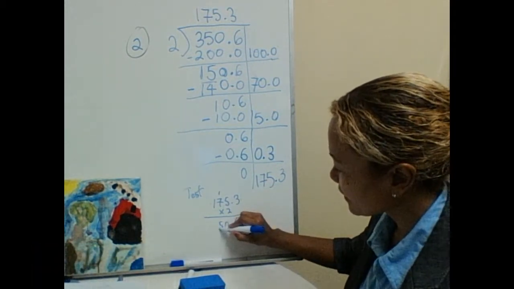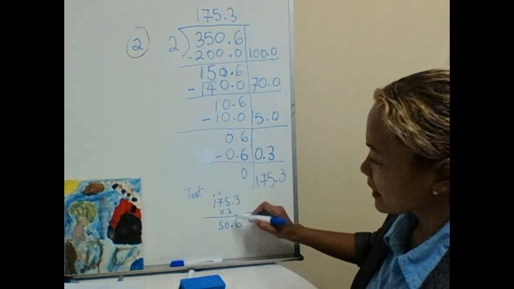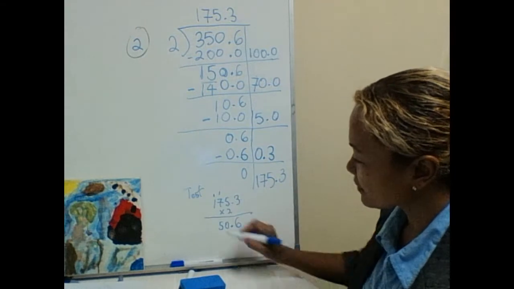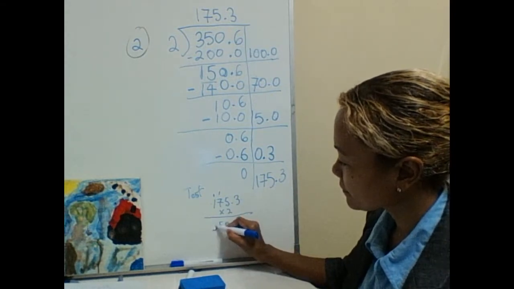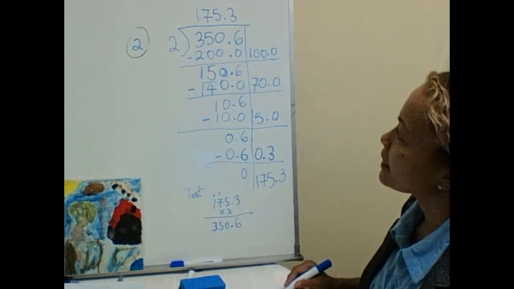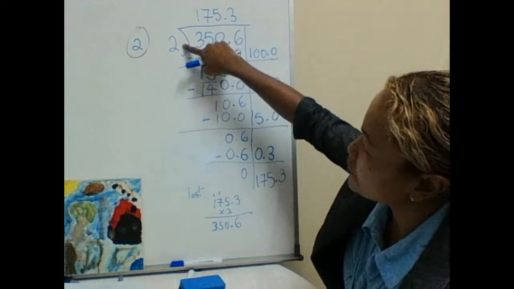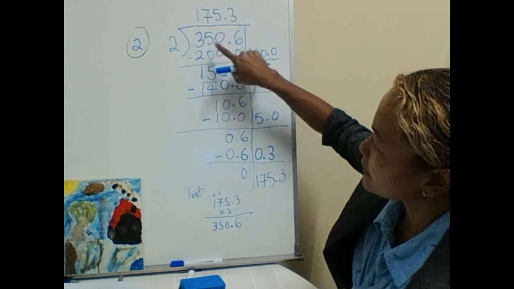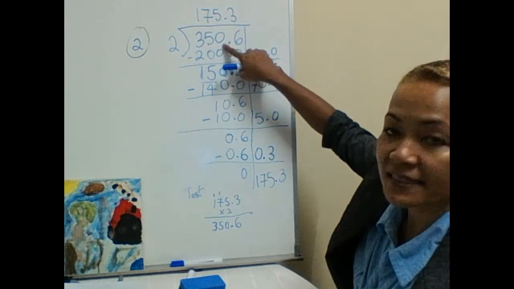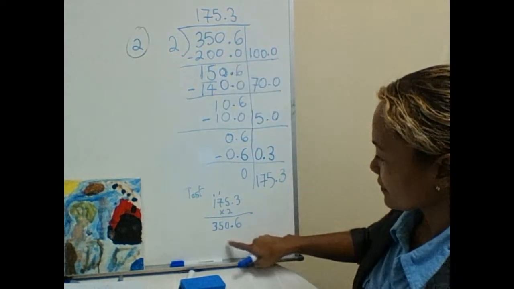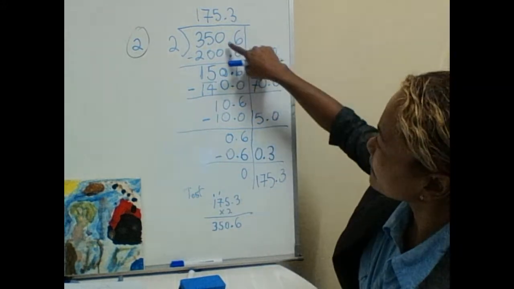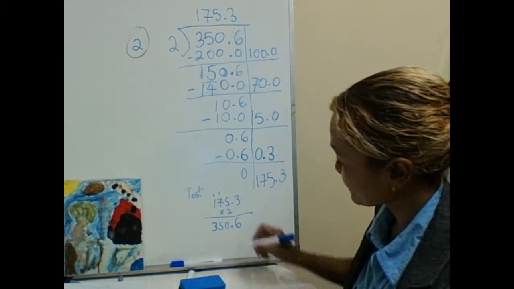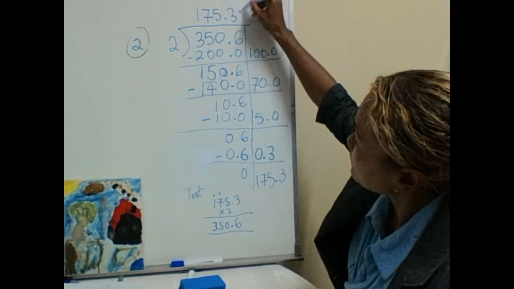So you put 5, carry 1. 2 times 1 is 2, plus that 1 you carried over, 3. So this was the test: 2 multiplied by the answer we had got before, to check if we get back to the number that we had started with. 350.6, same as 350.6. Yes. So we've checked it.